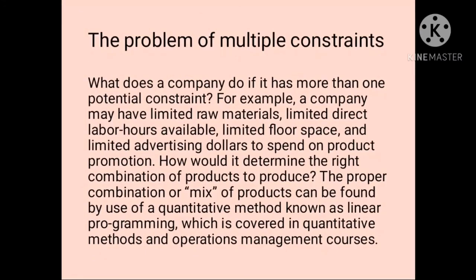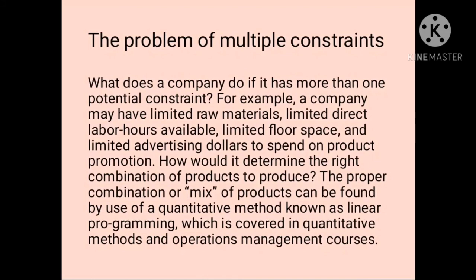The problem of multiple constraints. What does a company do if it has more than one potential constraint? For example, a company may have limited raw materials, limited direct labor hours available, limited floor space, and limited advertising dollars to spend on product promotion.